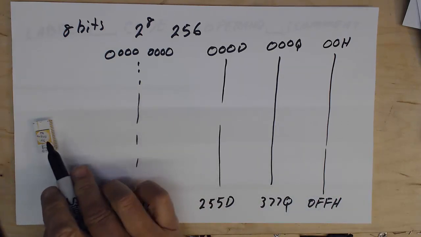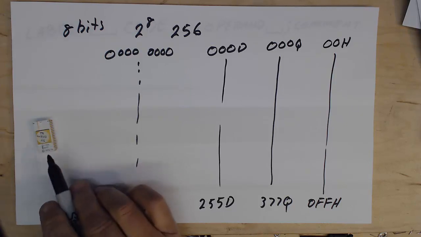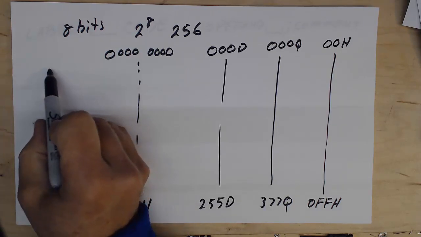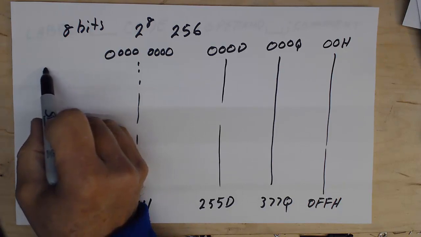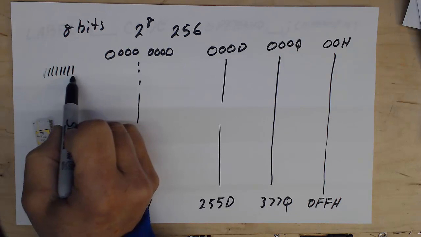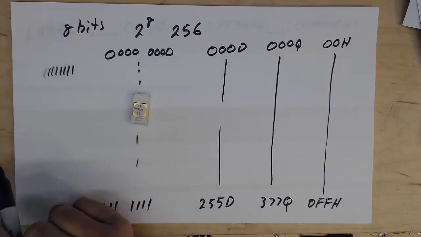Those are all the addresses that this EPROM can have, and of course in each of those addresses there's 1 byte of data. So we have 1, 2, 3, 4, 5, 6, 7, 8 bits in each of those addresses.